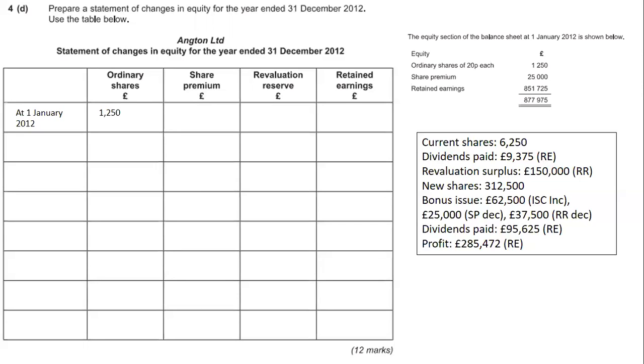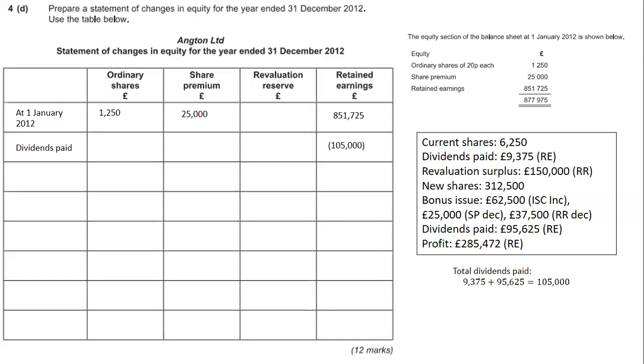So all we need to do is put them in the correct places. And we get 1 mark for doing that. Then we can do them in any order we want. So I've chosen to do dividends first. And it's best to put the total dividends together instead of having 2 rows for dividends. So you add the dividends together and you get 105,000. So it goes there. 2 marks for that.